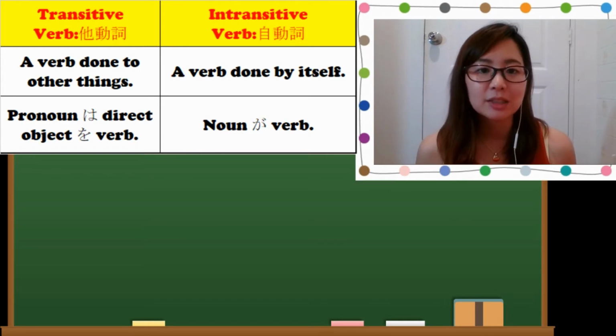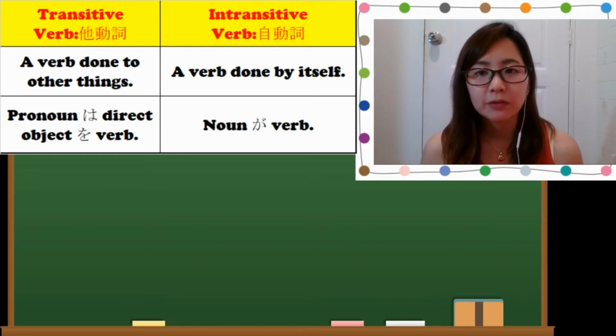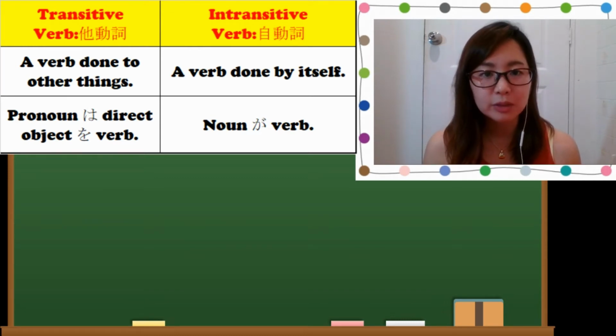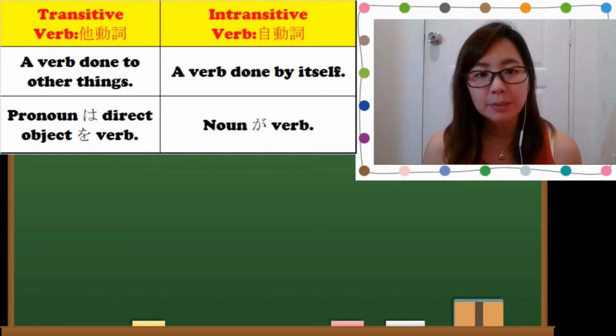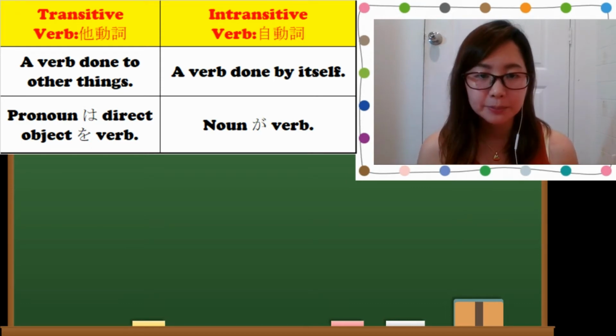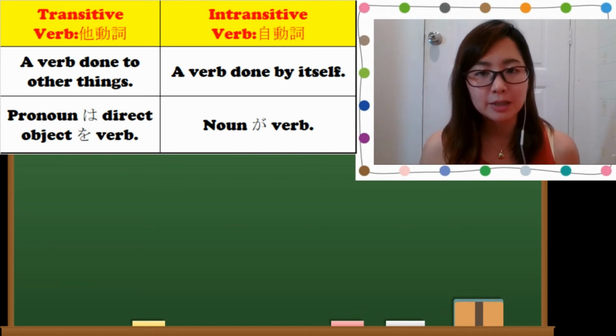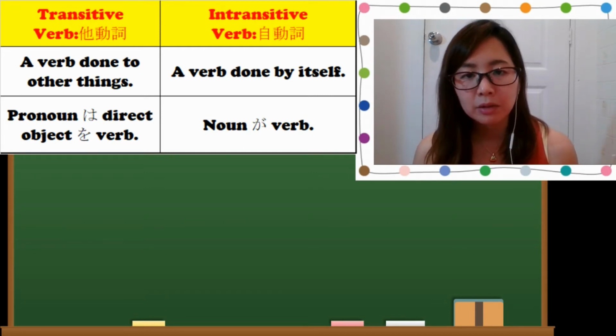Now, first of all, what is the difference between transitive verb and intransitive verb? Please look at this table on the side. Transitive verb, we call it 他動詞, is a verb done to other things. So the Japanese sentence structure will be pronoun は direct object を verb. And intransitive verb, which is 自動詞, is a verb done by itself. The Japanese sentence structure will be noun が verb.